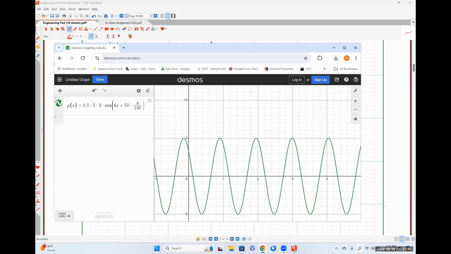So if I were to integrate this over exactly one period, from this point right here to this point right here, what would the area under the curve be? Would it just be 0? Yes, exactly right.